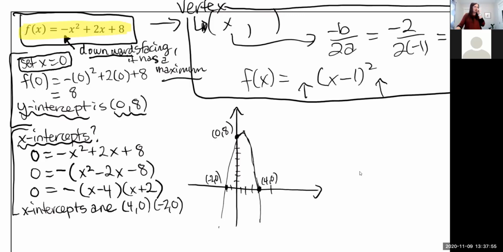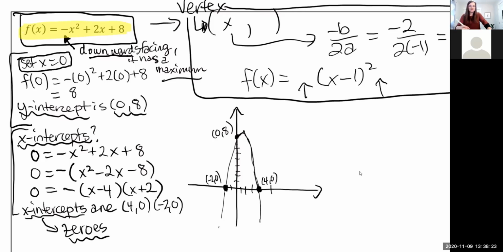Okay, we have our x-intercepts. Now, this is really important because we're going to be looking at x-intercepts, but we're not going to call them x-intercepts. We're going to call them zeros. So on Alex, if you see something asking you to find the zeros, they are asking you to find x-intercepts and vice versa. Our zeros means where it crosses the 0 line, right?